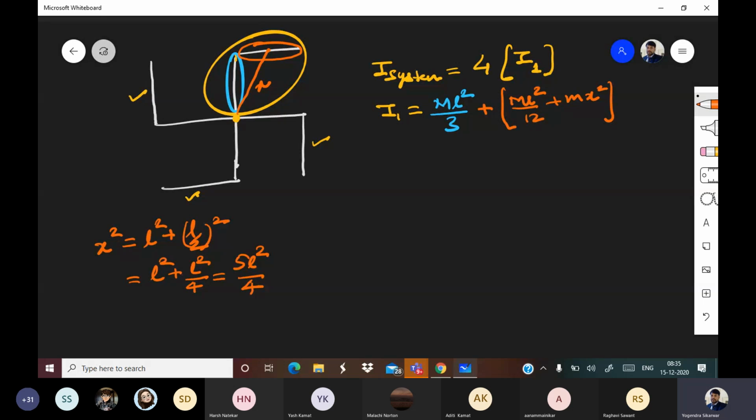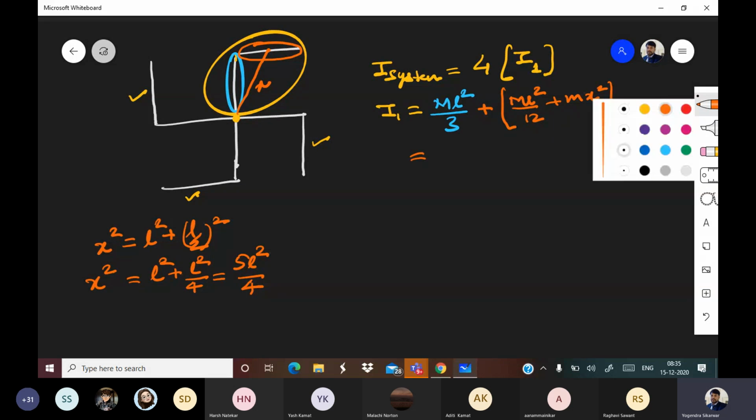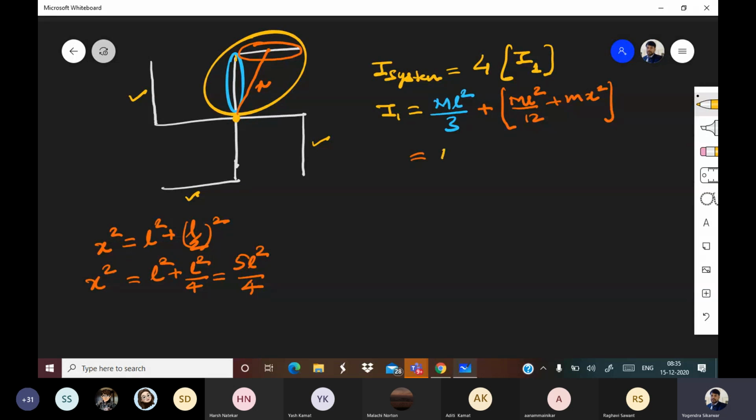That is the value of x square. So the final thing comes out to be I1 is ml square by 3 plus ml square by 12 plus 5ml square by 4.